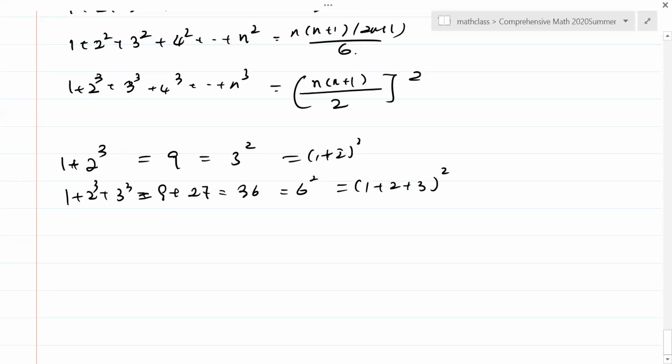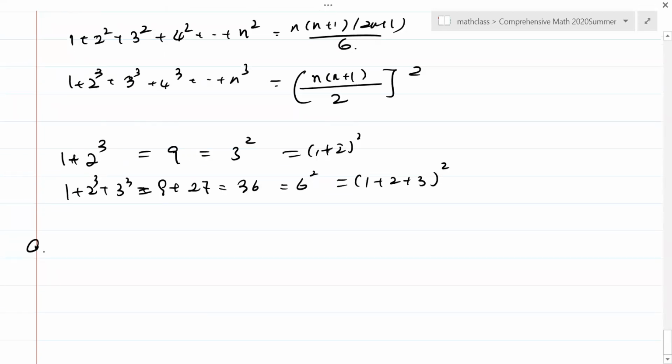All right, so now let's take a look at the following problem. A_n is going to be 1 plus 2 plus 3 all the way to n.